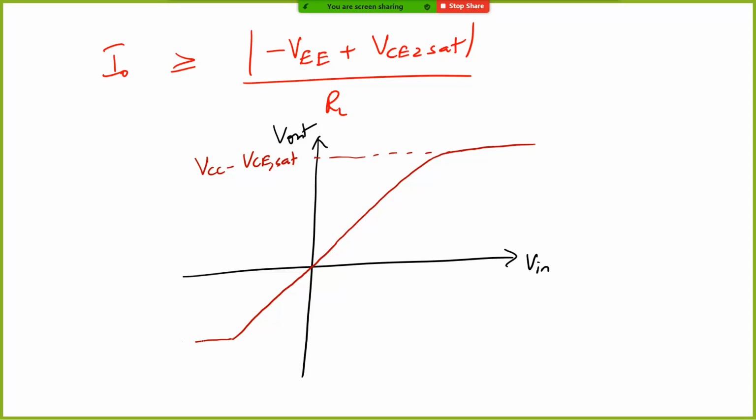In case your I0 is not satisfying this condition, it will become minus I0 times RL, or it can go all the way down to minus VEE plus VCE sat.